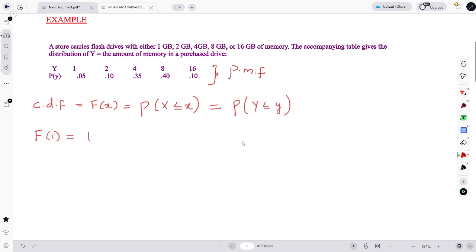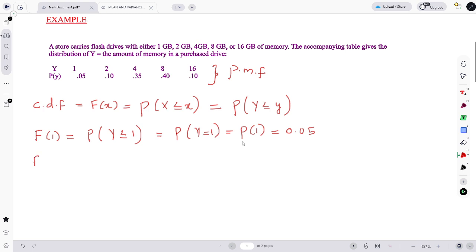What is F of 1? P of capital Y less than or equal to 1. It is equal to P of Y less than or equal to 1. Less than 1, nothing is there. So P of Y equal to 1. That is P of 1, which is equal to 0.05.